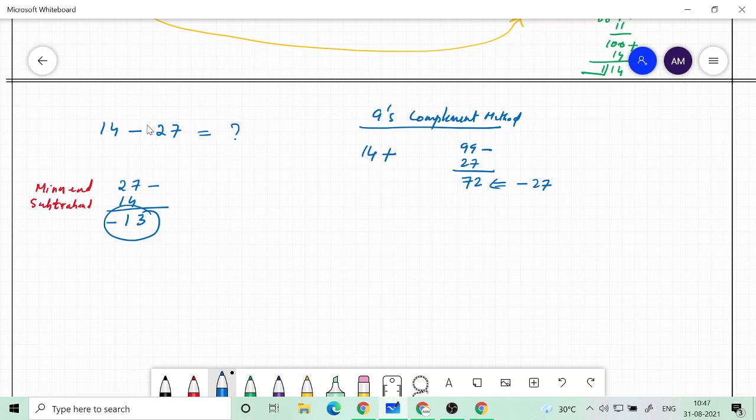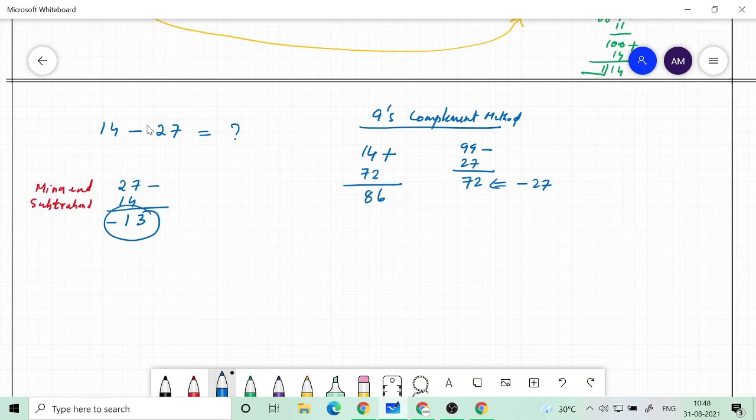So this is basically minus 27 in 9's complement form. You take that and then add to 14. Okay, so take 72 and add it. Just addition, the normal procedure. So 4 plus 2 is 6, and then you have 1 plus 7, that is 8.